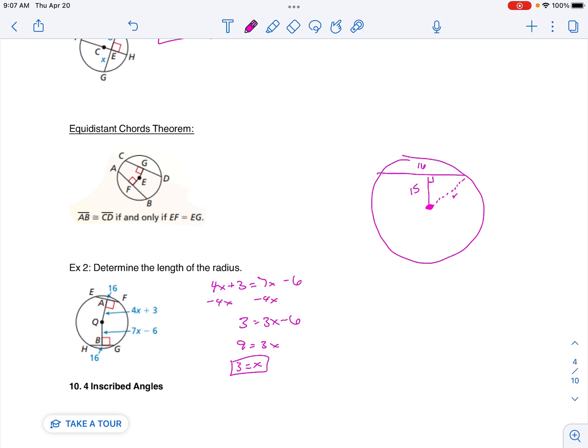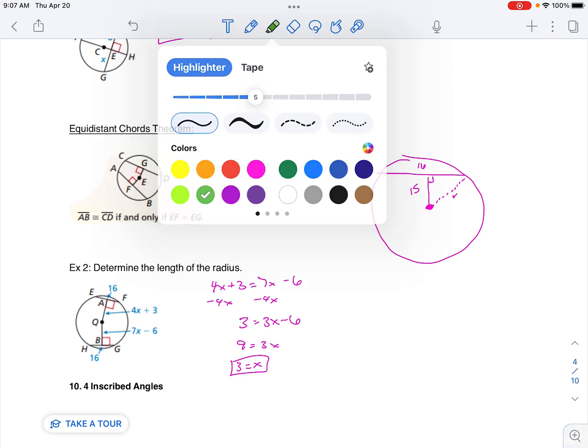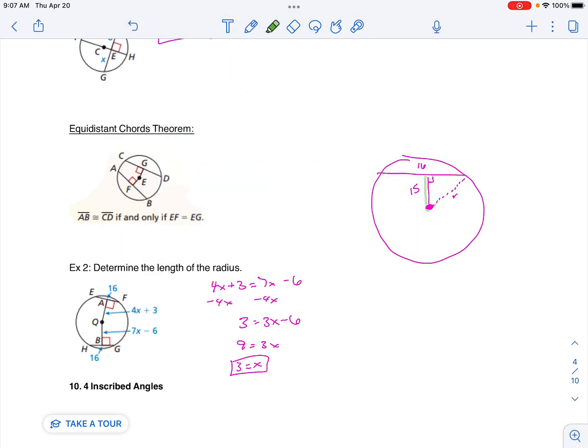So if I know this is a right triangle, I have then a right triangle in which I can use Pythagorean theorem. Now here's the deal. That length on that leg is not 16. It's cut in half, it's 8.